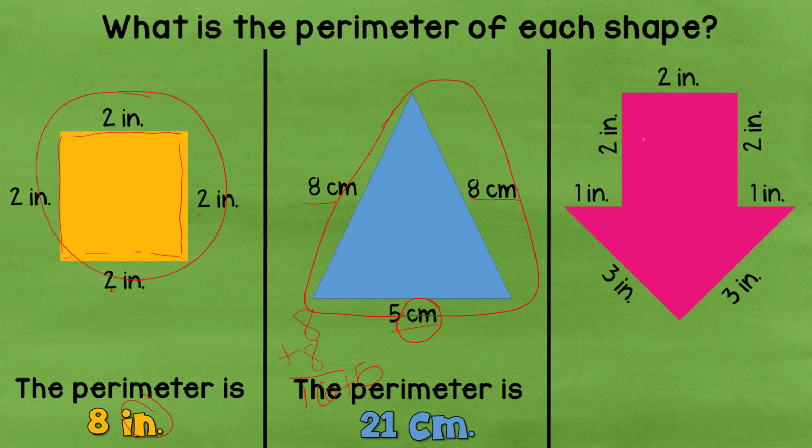Let's try the arrow. Okay, let's add these up as we go. I'm going to go a little slower so you can do it with me in your head.